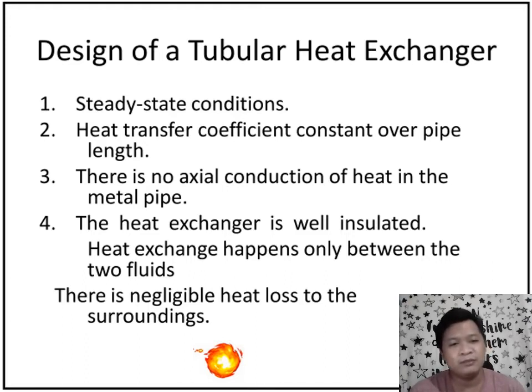So when solving heat exchanger problems, in our case, we want to assume steady state conditions as previously defined, and that the heat transfer coefficient is constant over the pipe length, such that the material is uniform, and also that there is no axial conduction of heat in the metal pipe, puro radial, dun sa diameter pointing outwards instead of conducting along the pipe on either side.